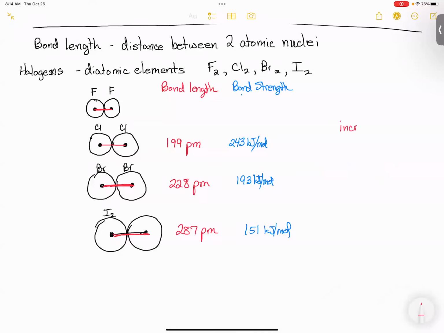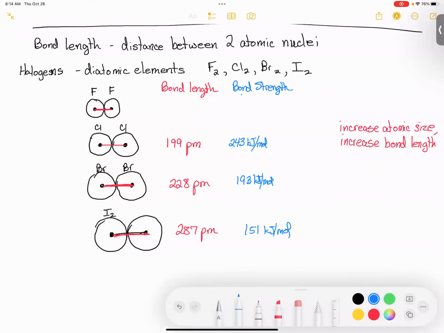So we said if we increase atomic size, we increase the bond length. Now, what can we say?